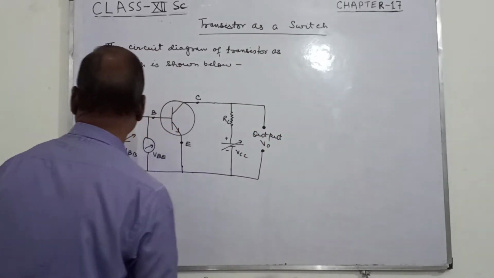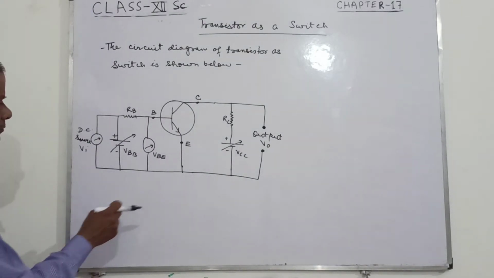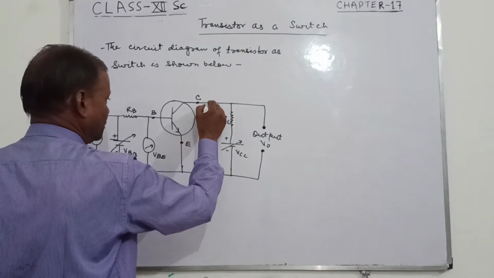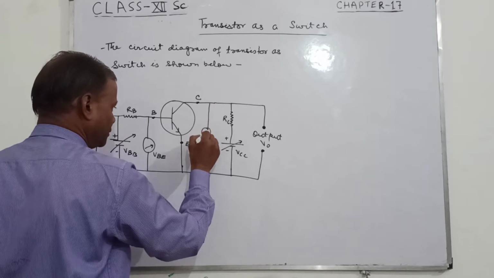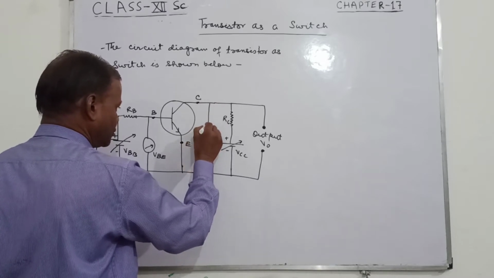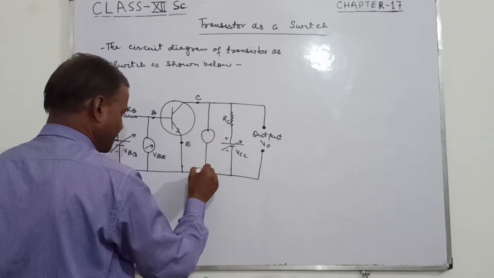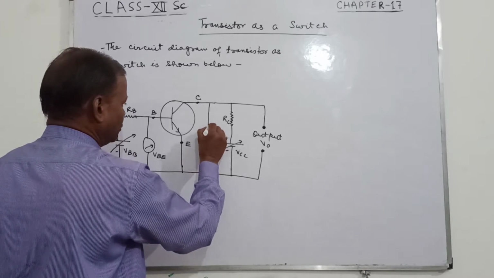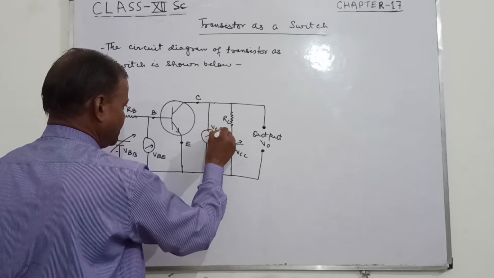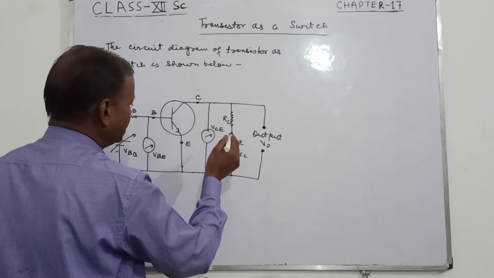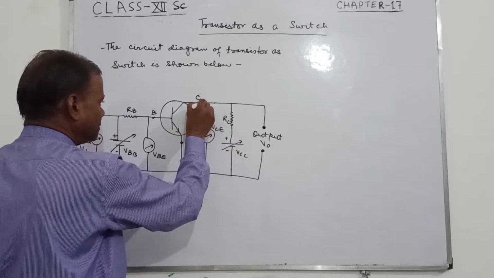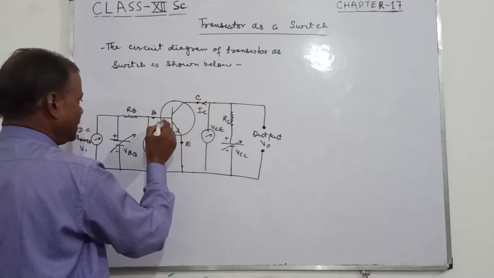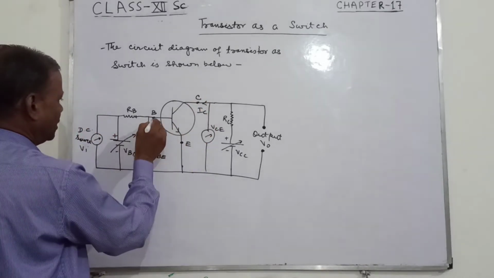V naught. Here the input is Vi, and the voltage drop is this one. This is your VCE. Here we have the current, IC current, and this is the IB current.